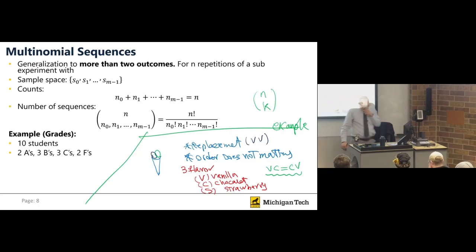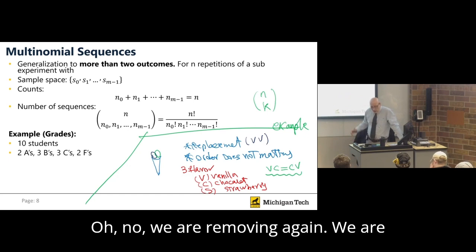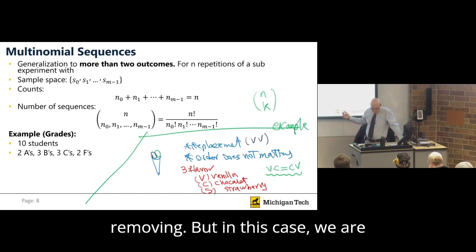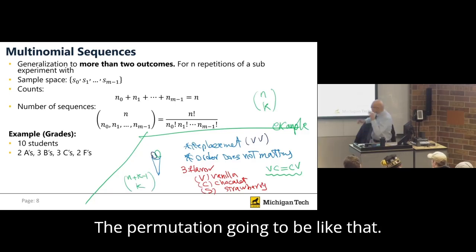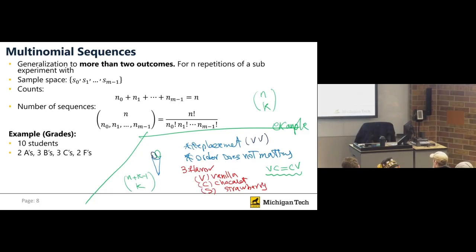No, we are removing again. We are removing, but in this case, the formula is going to be n plus k minus 1 choose k. The permutation is going to be like that.